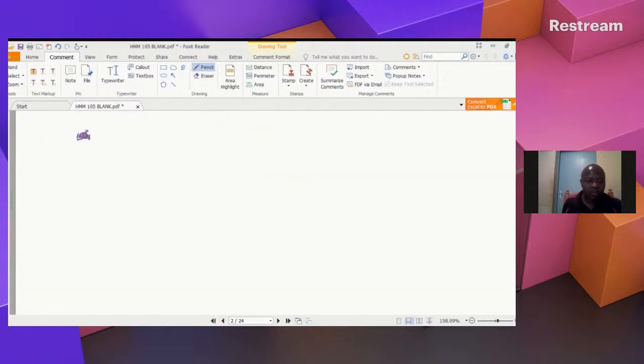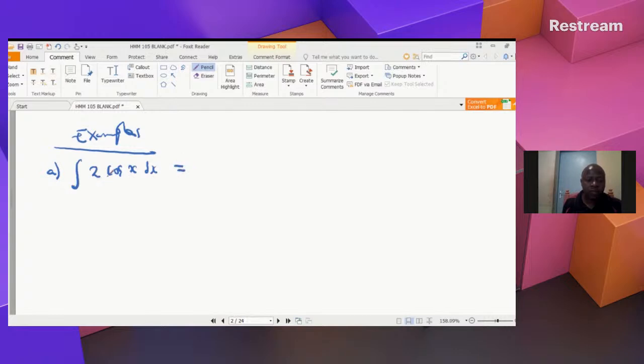So the first example, I want us to do the integral of 2 cos x dx.